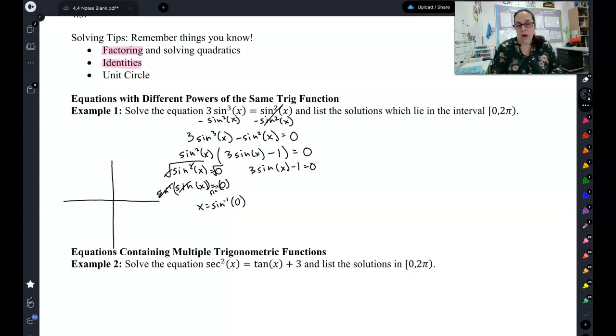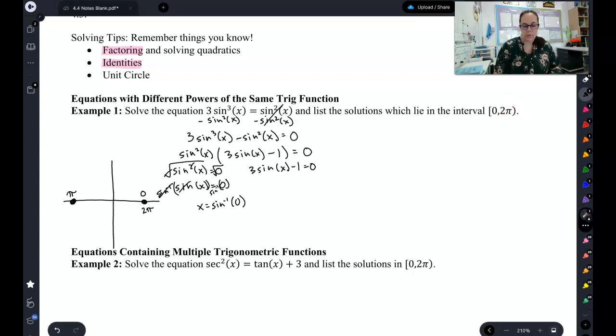Where is the y value 0? The y value will be 0 at 0 radians or pi radians. This is also technically 2 pi, but we don't want to include 2 pi. It has a parentheses, so we're not going to worry about 2 pi. So for this first one, I get x is 0 radians and pi radians. Those are the angles where the sine or the y value is equal to 0.